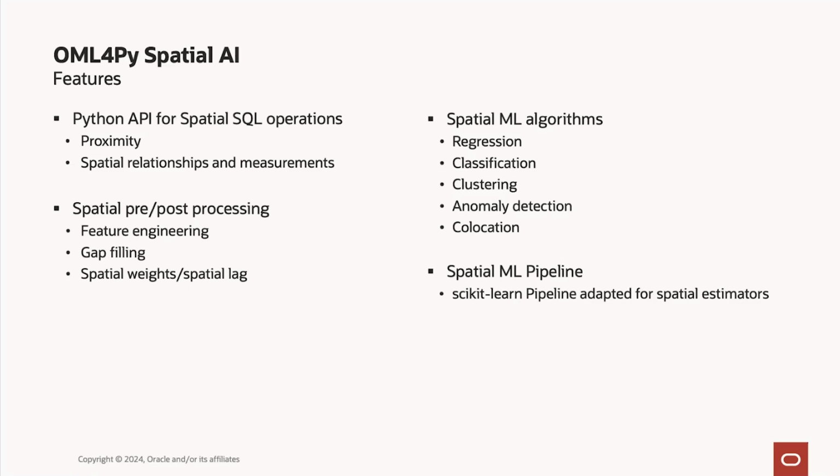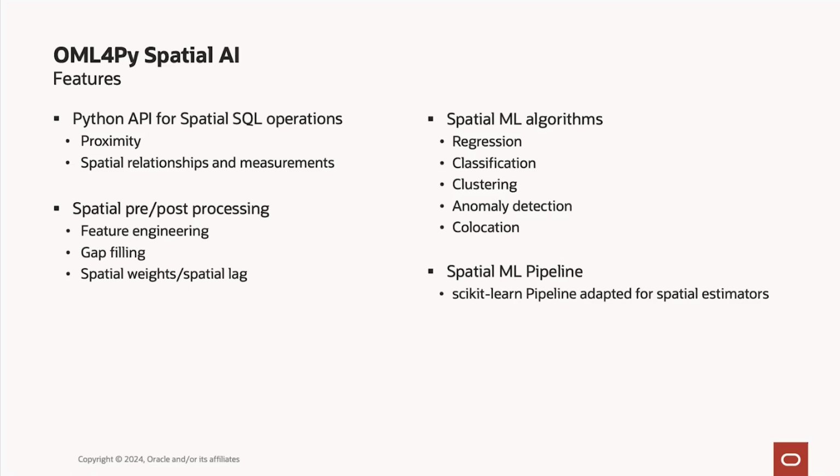Then on the right is really the real machine learning aspect in terms of algorithms, and the five main categories I'll call out are regression and classification. So, classic prediction scenarios where you're predicting a numeric value or you're predicting a categorical value. Clustering, anomaly detection, and co-location.